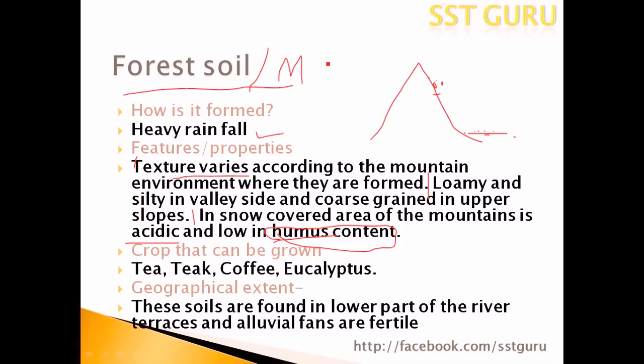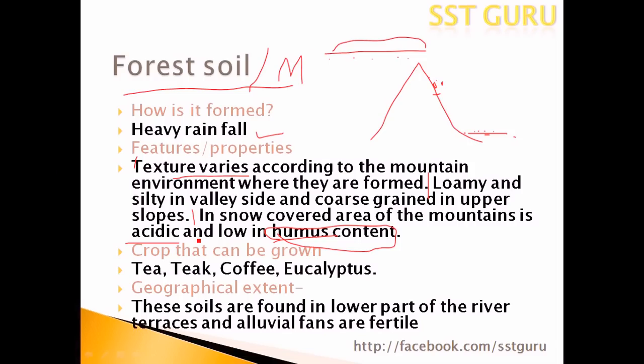And as the soil is covered by snow at a higher altitude, the soil is going to get acidic. Usually you remember that the soil is basic in nature, and if the soil is not in contact with the atmosphere, or it does not get water flowing through it, then it slowly starts turning acidic.